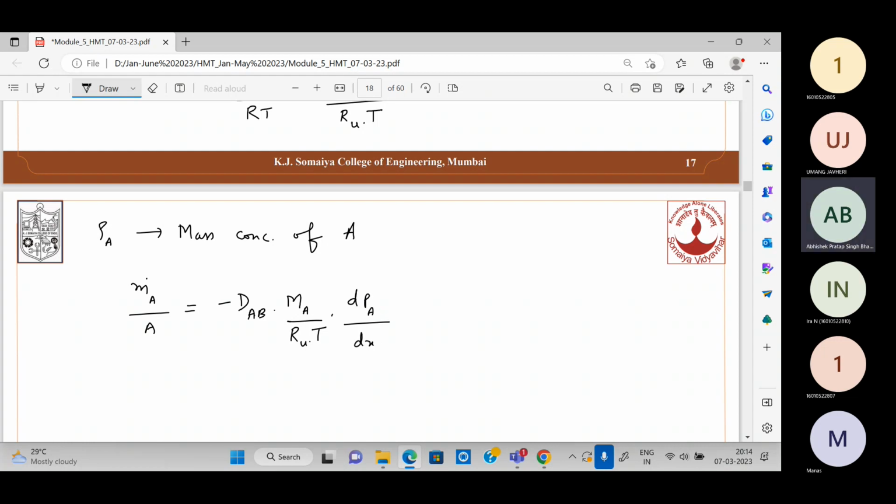In this way we can express it. Let's assume this is equation 4a.